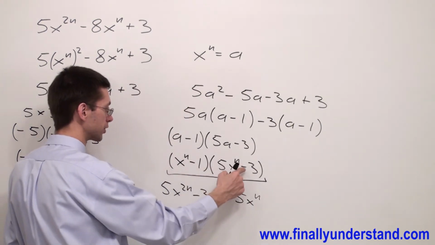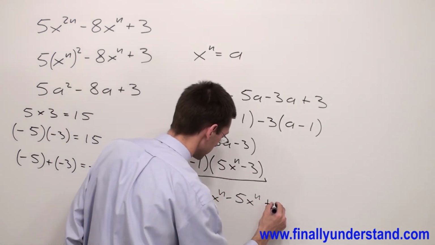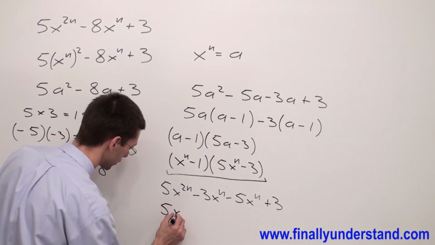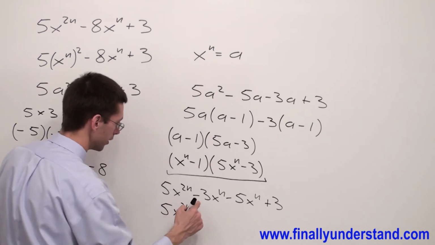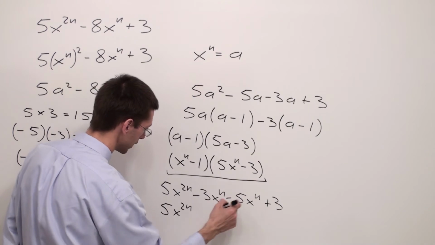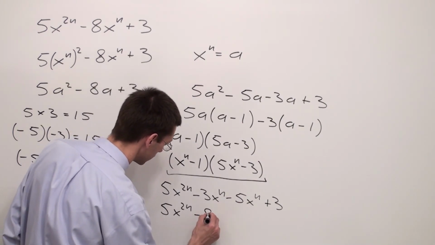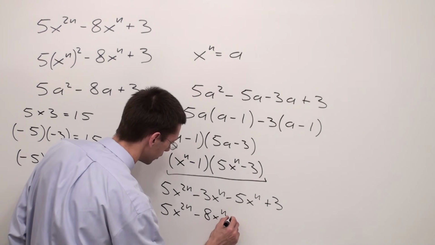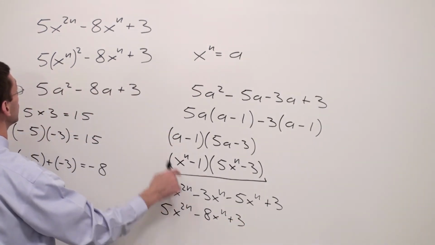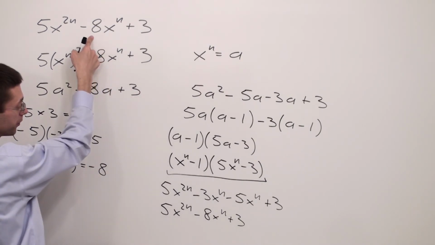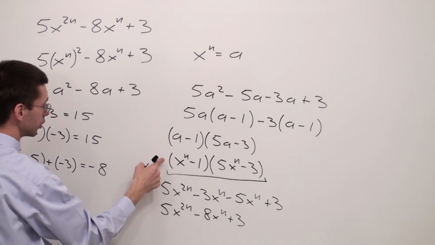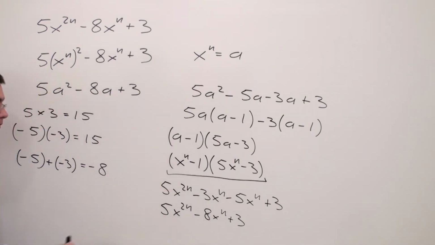Minus 1 times negative 3 gives me positive 3. I have 5x^2n minus 3x^n minus 5x^n, which is equal to negative 8x^n plus 3. Just take a look at what we have got and what we had at the beginning. So we got exactly the same thing. That's why this is the correct answer to my problem.